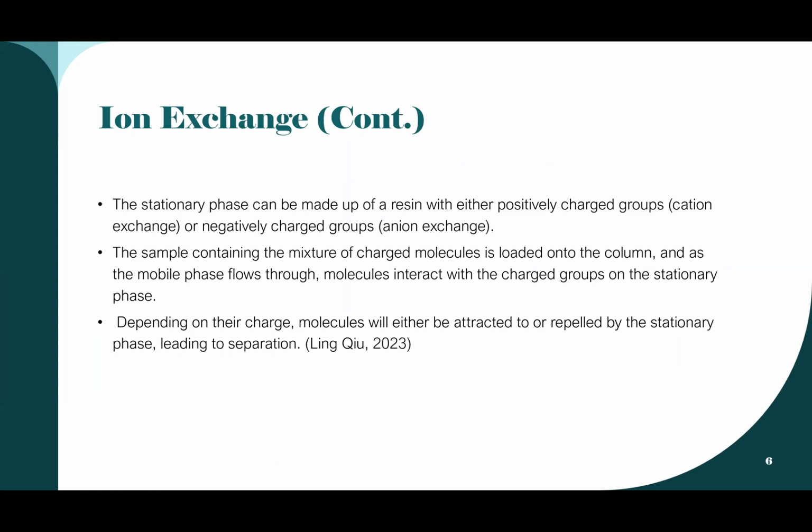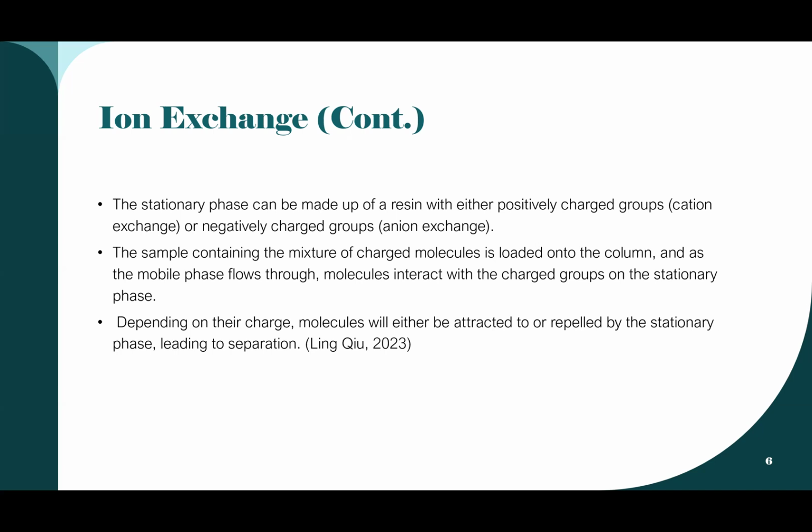So the sample that we saw on the previous slide contains a mixture of charged molecules, which is loaded onto the column. And as the mobile phase flows through the column, the molecules will interact with the charged group on the stationary phase, the one that remains still. So almost like you're washing the column out.